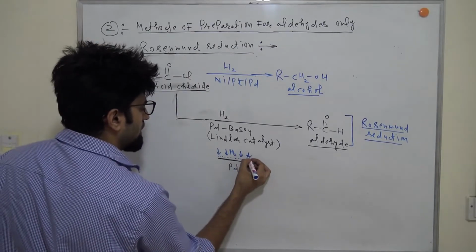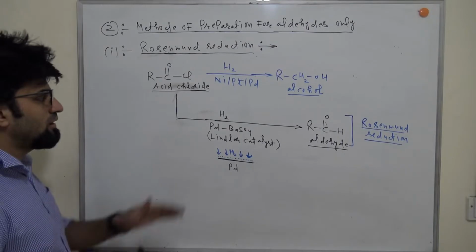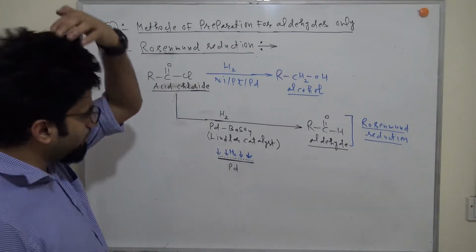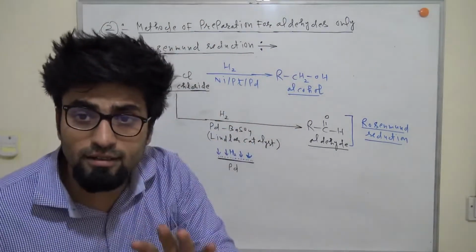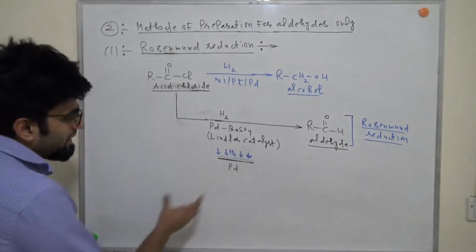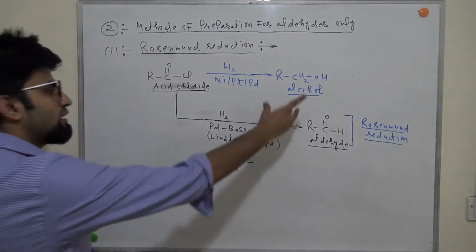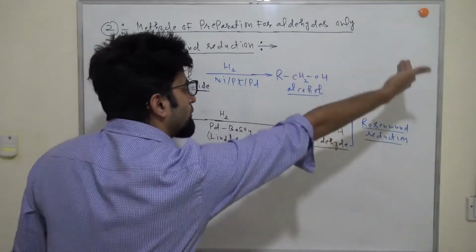If enough hydrogen deposits on the palladium surface, we will get the alcohol product. But if you decrease the amount of hydrogen adsorbed, then instead of alcohol, this reaction will stop only at aldehyde. It will not go further to alcohol.